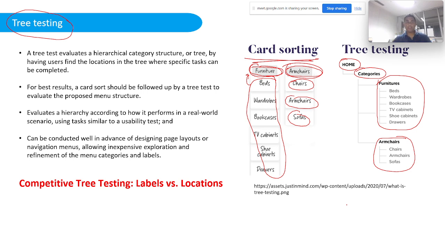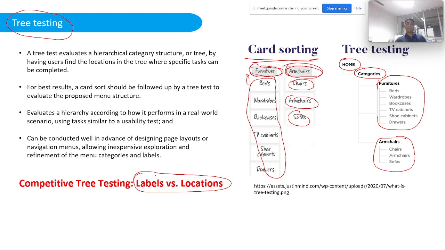Okay, so what we do here, we give the user a certain task to identify a particular sub level, and we try to check if the user is able to identify that particular subtopic or sub level. Okay, so we do competitive tree testing, which is a testing of level versus location.